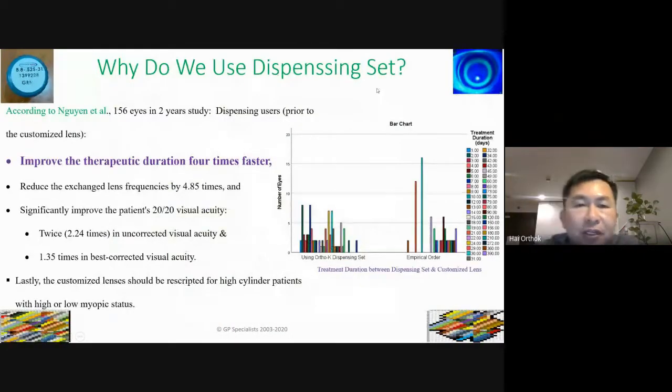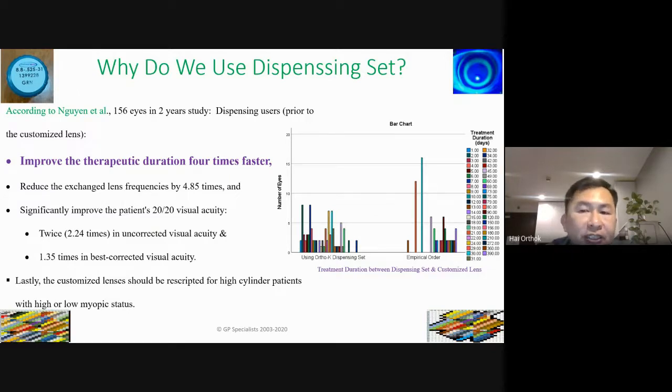Why do I refer practitioners to use the dispensing set, especially the Paragon CRT set? Because when you use a dispensing set, you should be able to troubleshoot the lens immediately. If you have lens decentration or incorrect power, you can fix it immediately. If you customize the lens, especially if you are too far from the lab, it takes too long for the lens to arrive.